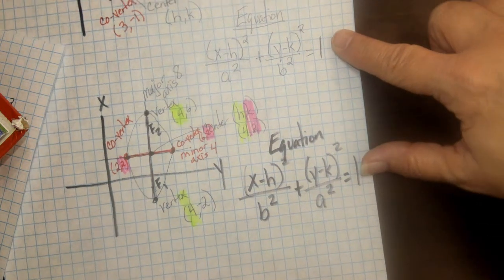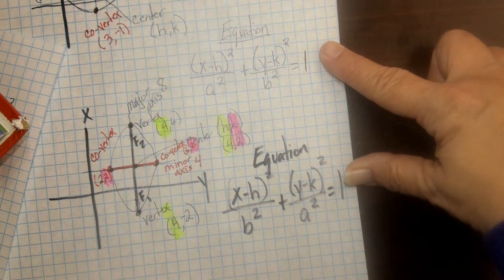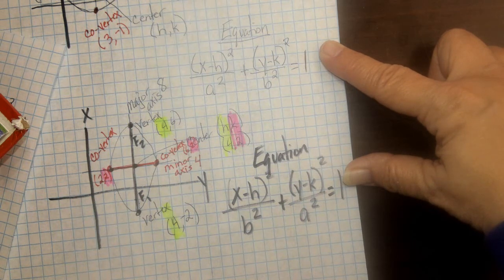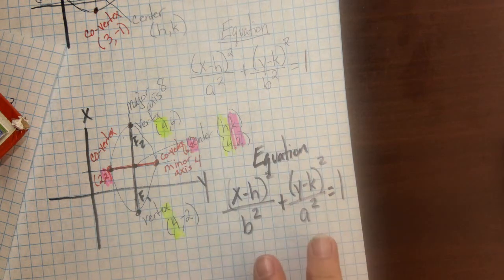So take a moment and compare these two equations. There's certainly a lot that's alike, but what's different about them? See that the a and the b are switched?